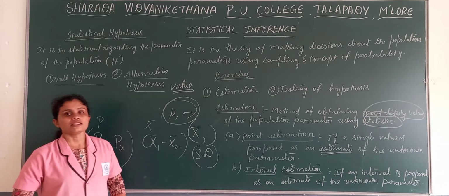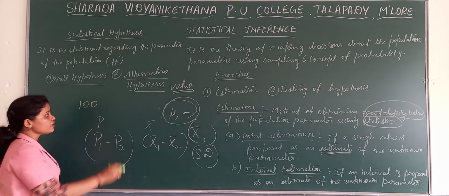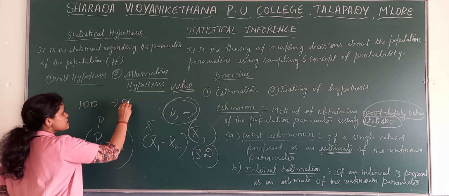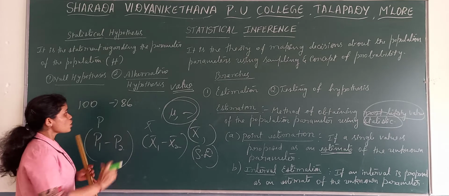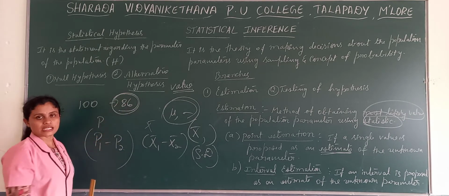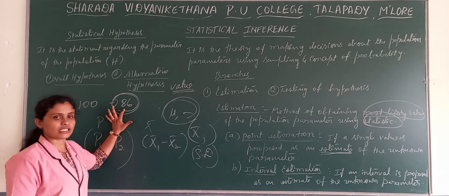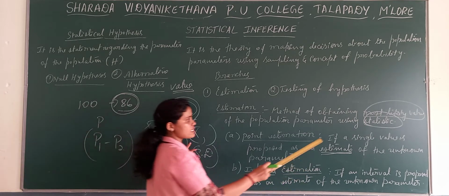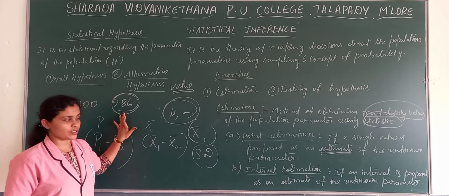For example, the mean marks of 100 students is 86. So this is our point estimation. If we propose a single value as an estimate, we call it point estimation.